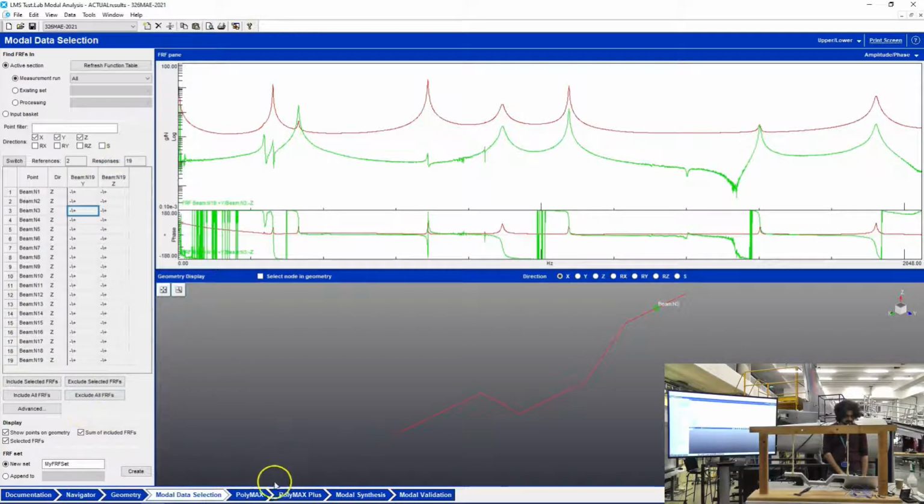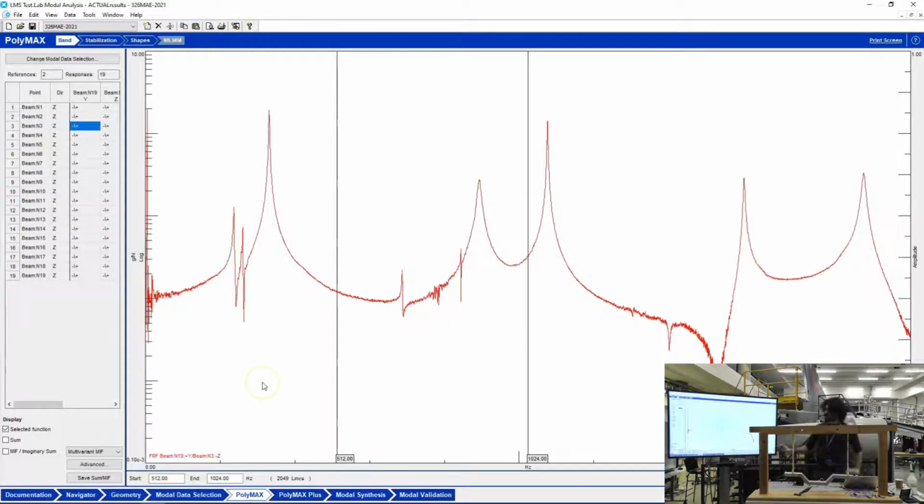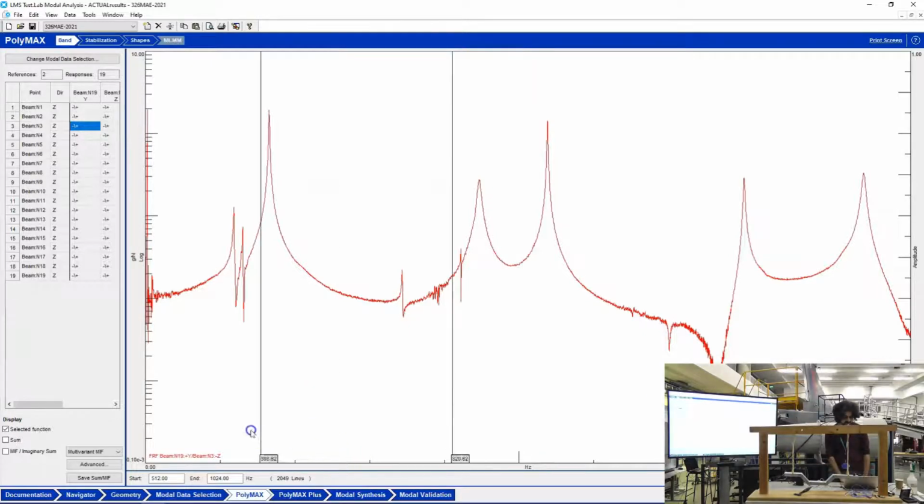So I'll select all of them, and I will go through the algorithm. Now this algorithm is the proprietary algorithm of Siemens that's called Polymax. Again, you have many different algorithms. This Polymax one is one of the best ones for this analysis.